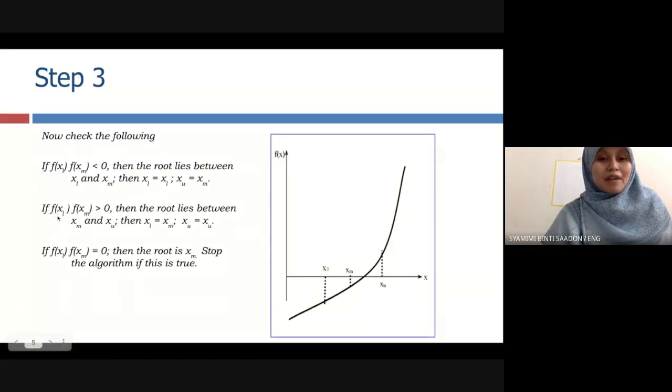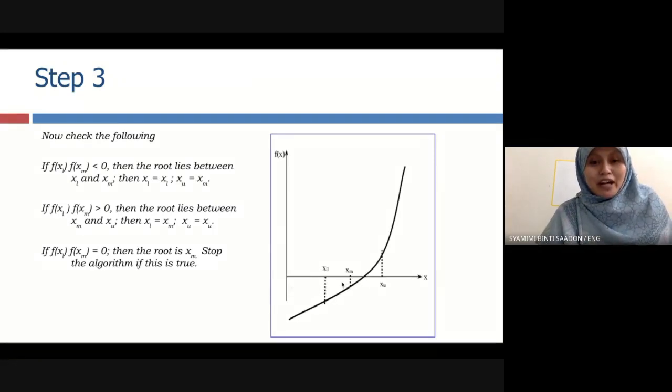So we are approaching the solution, we are converging to the solution, if the condition is met. Otherwise, if f(XL) multiplied with f(XM) is positive, the same sign, whether both are negative or both are positive, then the root lies, exactly like in this graph, between XM and XU instead of here.